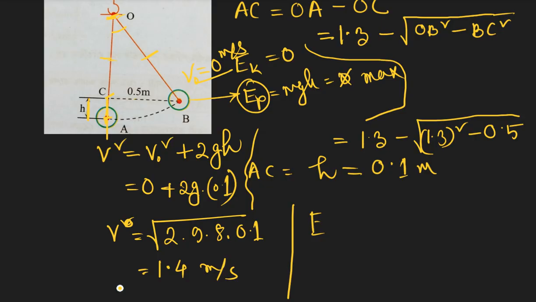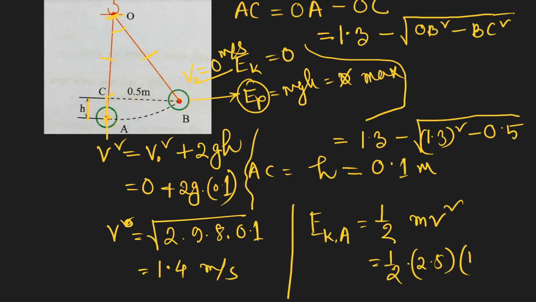So the kinetic energy will be at the lowest point, means at point A. So the kinetic energy at point A will be half mv square. So it will be half, m is the mass of the bob, 2.5, and the velocity is 1.4 whole square.